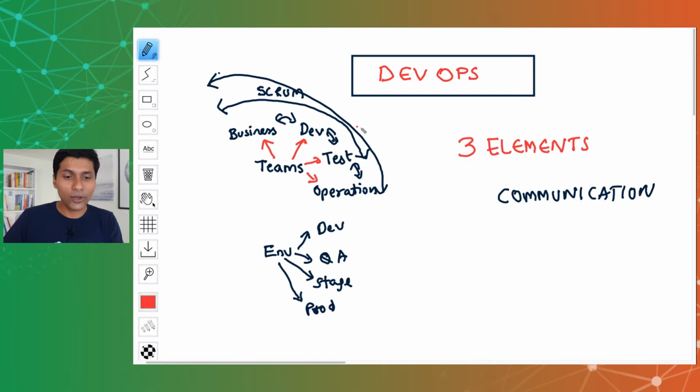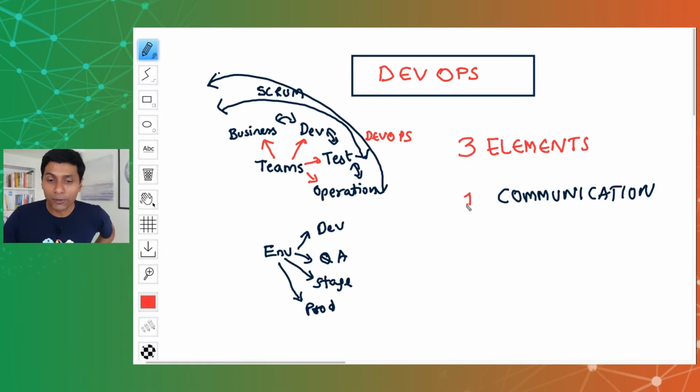With DevOps, we also bring in the operations team. So the more we improve communication, the better product we will be able to build. So the software which we build will be really good when we enable good communication between the entire software team. So that's the first element of software development. And in DevOps, we do it by bringing the entire business, dev, test, operations, everything together.